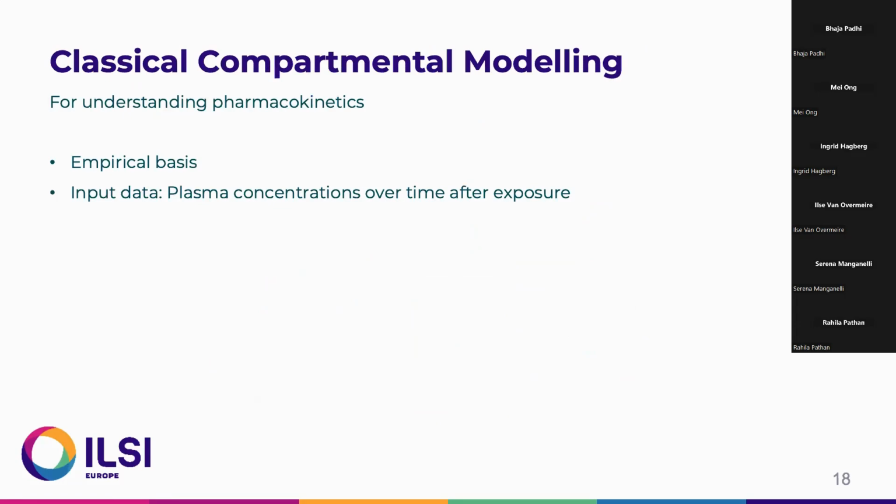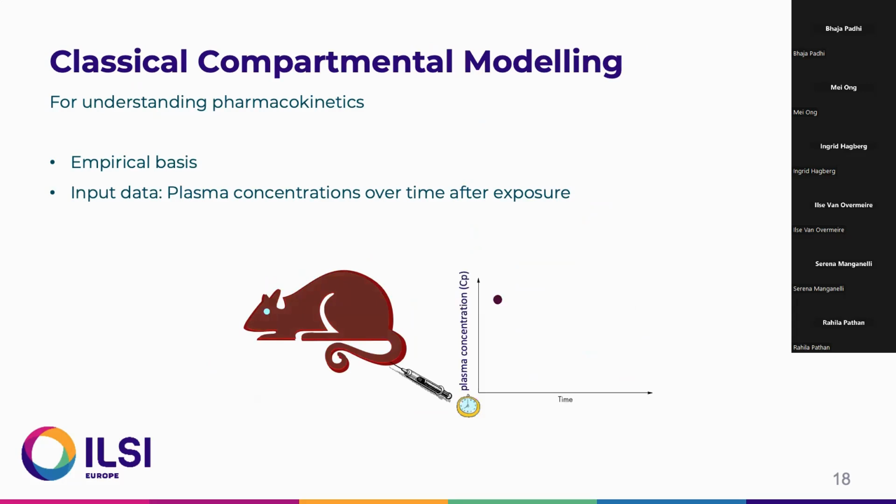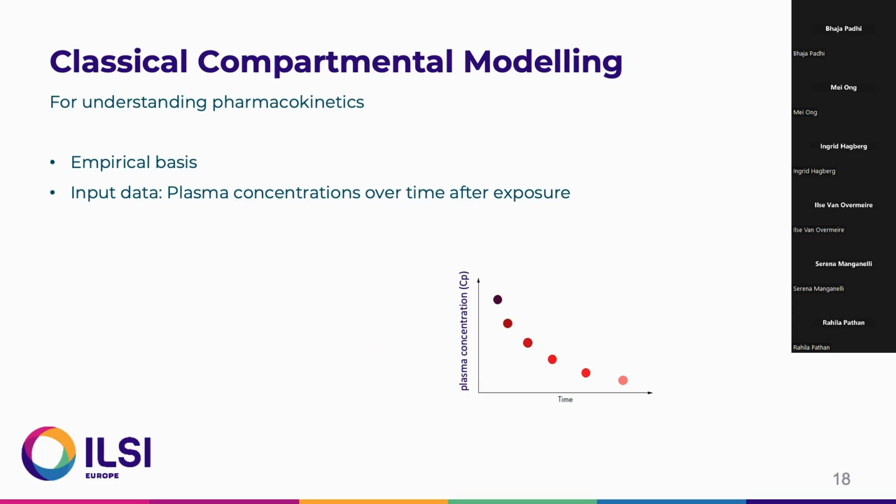So normally, you might ask the question, why don't we just use the classical compartmental models that we use in pharmacology a lot? Well, the reason for that is because they're empirically based, and the issue is they require animal testing. So just as a quick recap, because they do help us understand PBK models, when we talk about compartmental modeling, usually what we do is expose an animal like a rat intravenously first and then later orally to your compound of interest, and we tap a bit of blood or look at the urine, and we calculate the amount of the chemical in the blood at different time points.